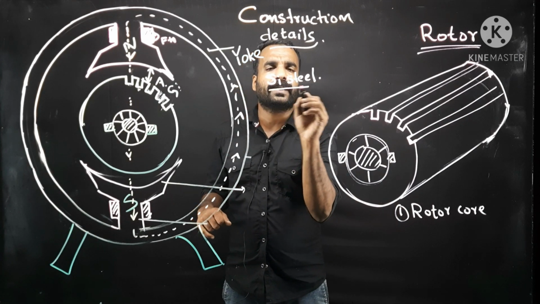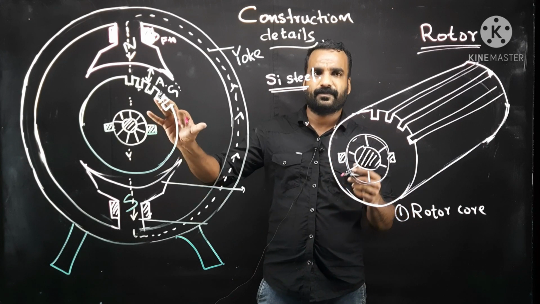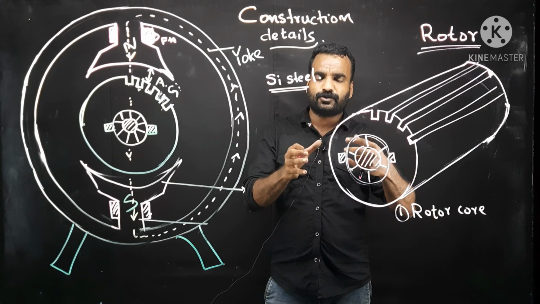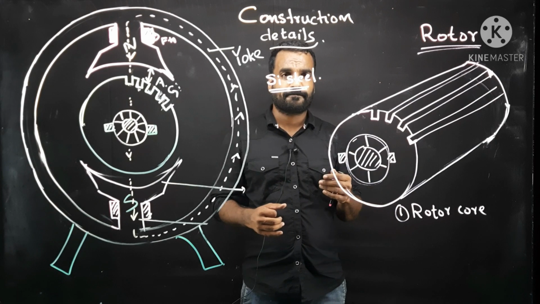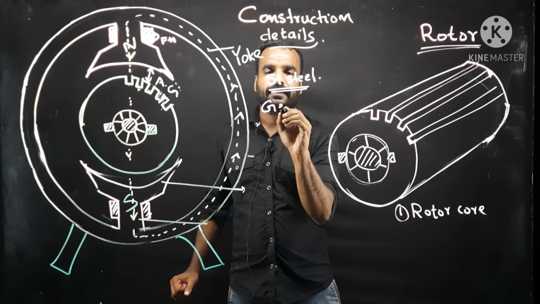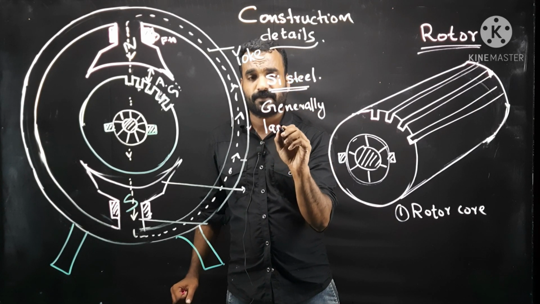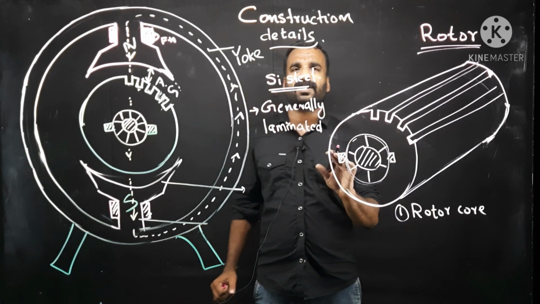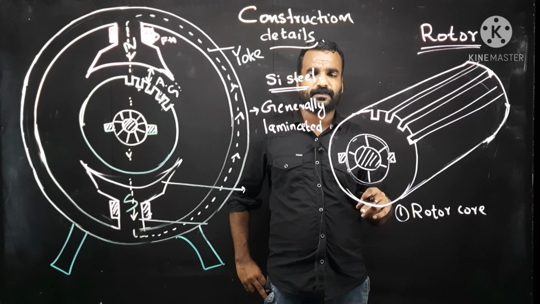So it will generally be made with a good magnetic material, silicon steel, and it is generally laminated. A number of cross sections are made and then they are joined. Such laminations are separated by insulation. Then the eddy current loss will get reduced. Generally laminated. For what? Laminated to reduce eddy current loss. Whenever you write laminated, you have to add that it is to reduce eddy current loss.